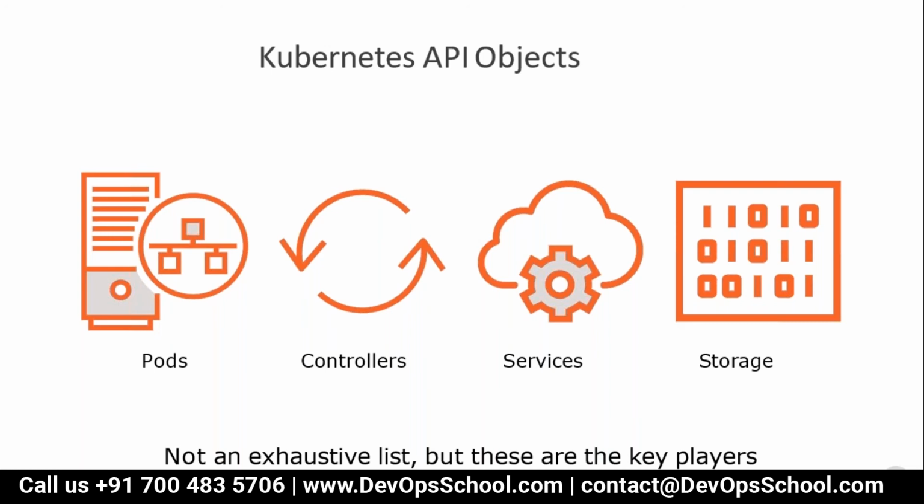What do you want? That's all you have to learn. If you learn what is a pod, what is a controller, what is a service, what is storage, what is security, that's all. Put it in YAML and get it done by Kubernetes, nothing else.